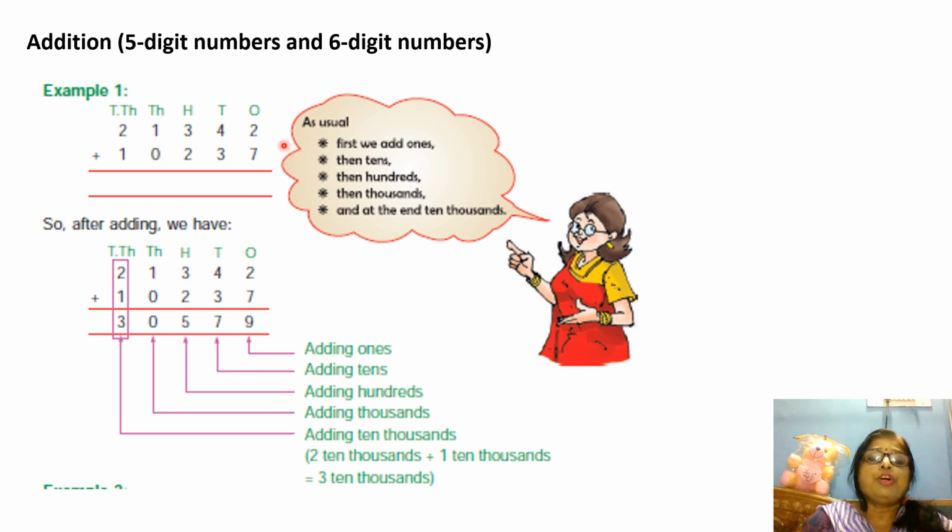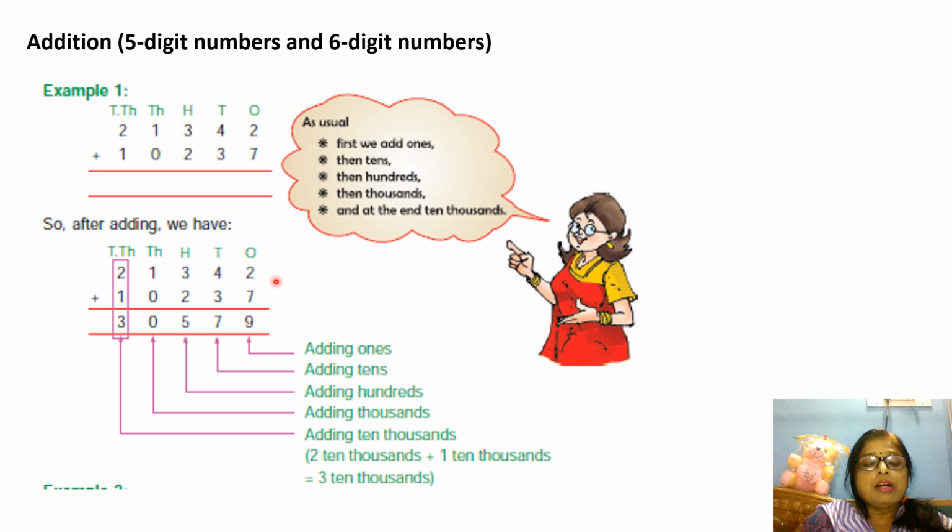So first make the column of place values, then arrange all the digits in the respective place values and then add. As usual, first we add ones, then tens, then hundreds, then thousands and at the end ten thousands, and after that you will get the final answer.